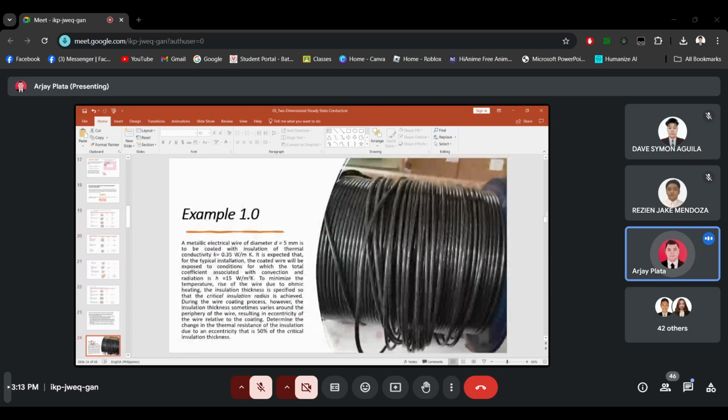So we have an example here. A metallic electrical wire of diameter d equals 5 mm is to be coated with insulation of thermal conductivity K equals 0.35 watt per meter Kelvin.